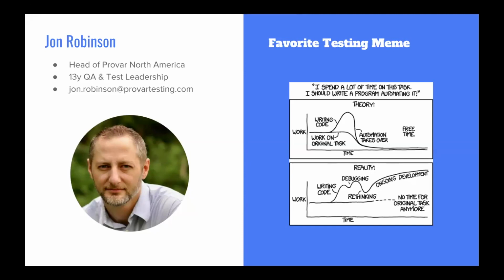I genuinely geek out over the automation side of things, and the meme we're showing here is the epitome of what it's like for me to find something and start to automate it, and then the time spent to keep that automation working and running quickly overtakes the time it would have taken to just do it manually.